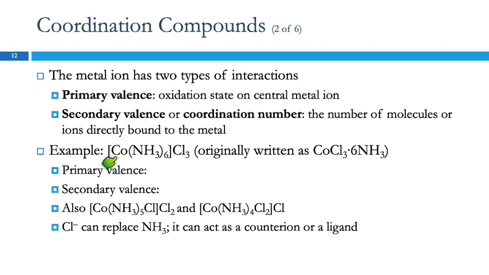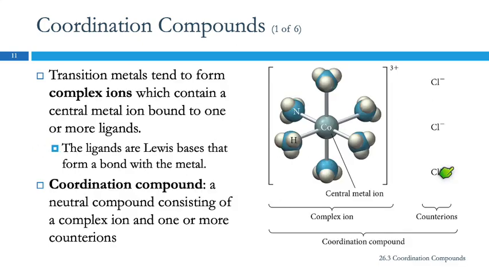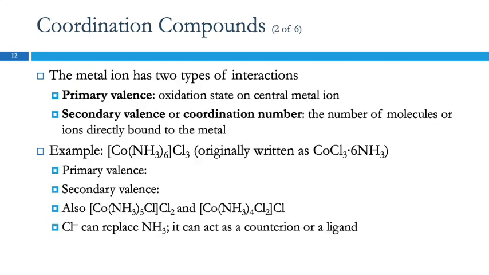So Co(NH3)6Cl3, which is what we were looking at right here, was originally written kind of like hydrates were, but instead of hydrate, it was an ammonia. But that's an old way of writing formulas.